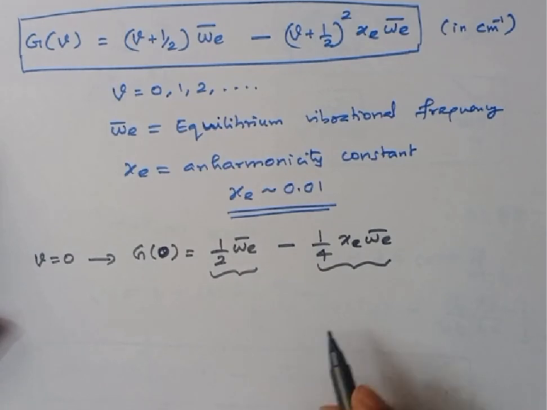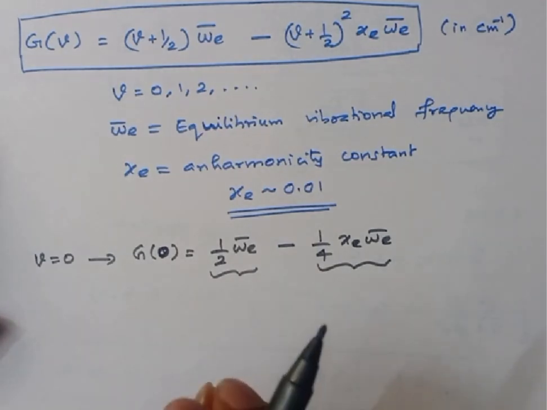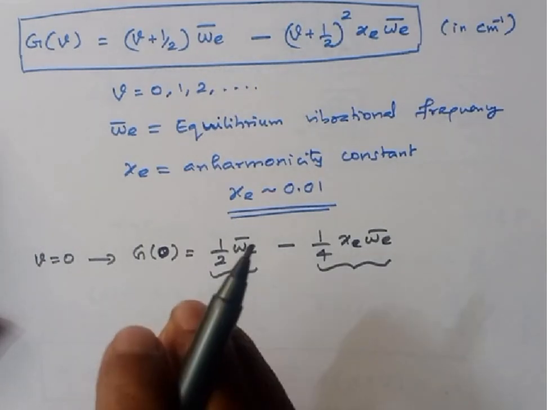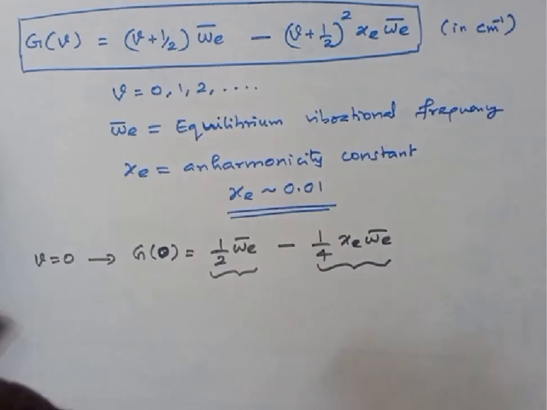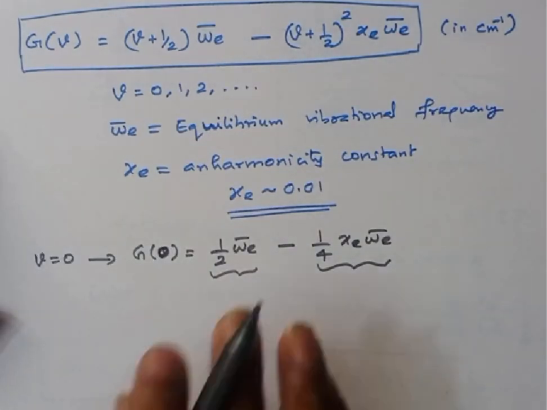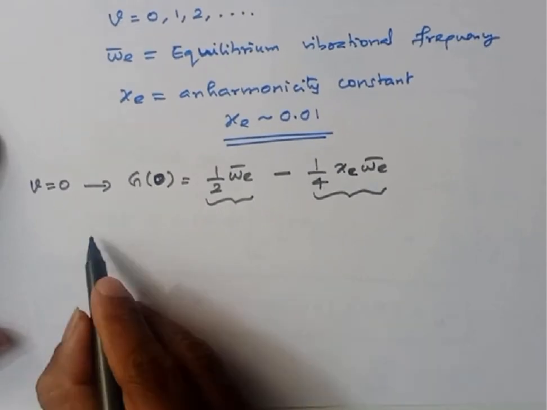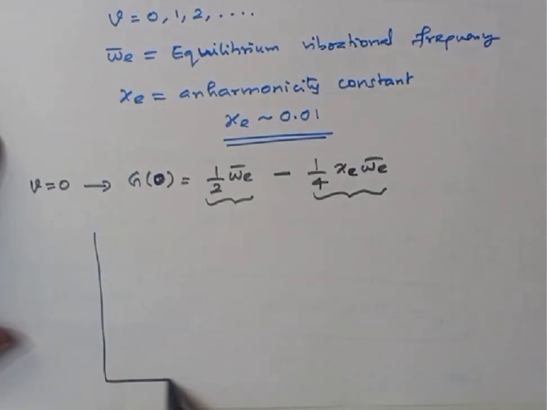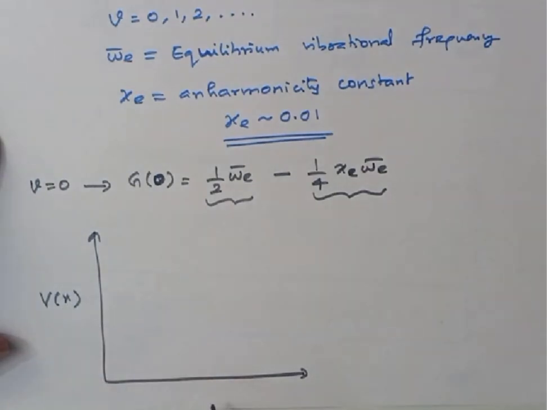So what happens? The introduction of the Morse potential energy function will reduce the vibrational energy of each state. In the potential energy plot, let me draw like this. This is potential energy, and here we have x, with x equal to 0 here.